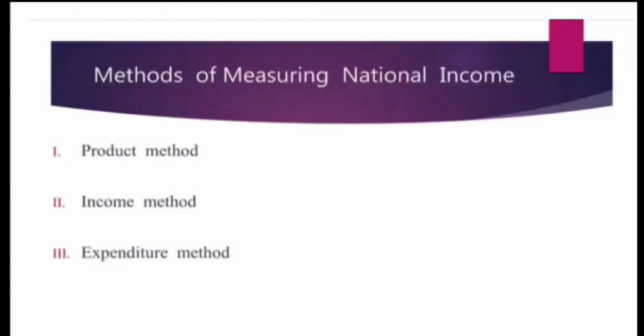It is the second largest component of national income. It includes all government expenditure on currently produced goods and services but excludes transfer payments while computing national income. The last one is net export, X minus M. Net exports are defined as total exports minus total imports.